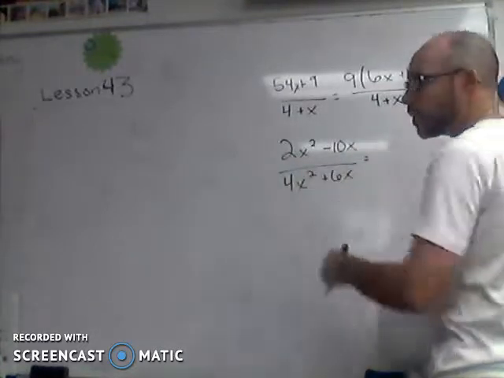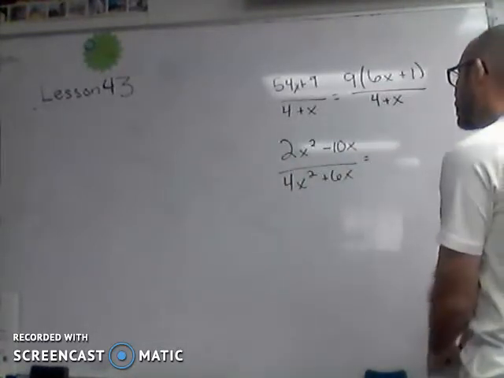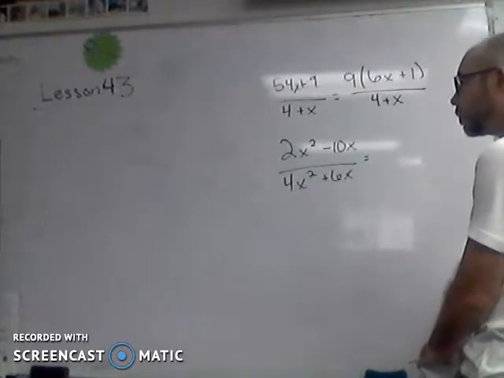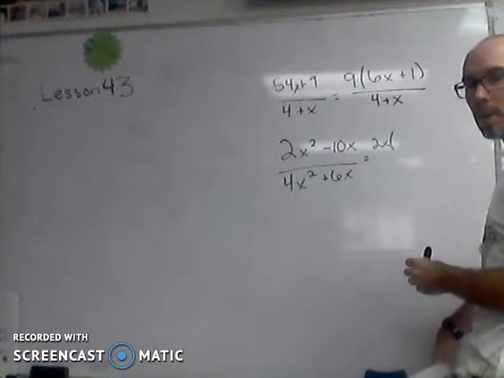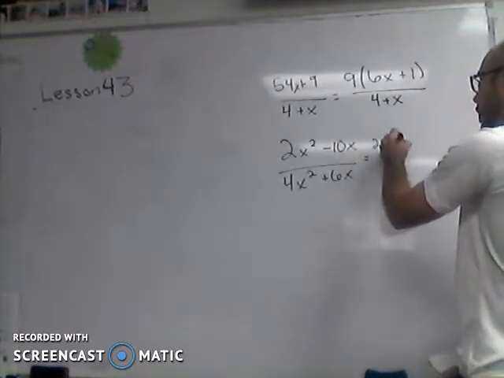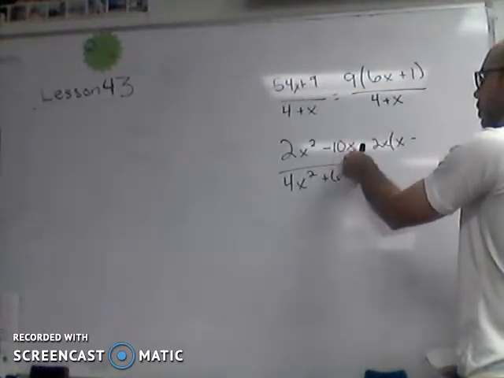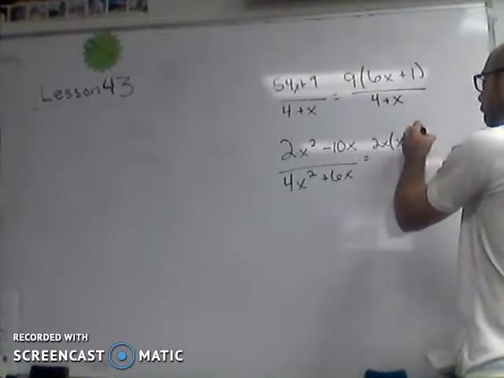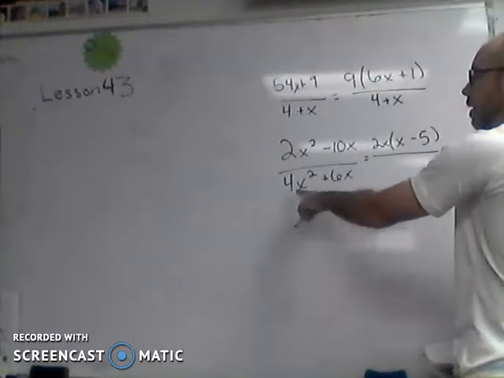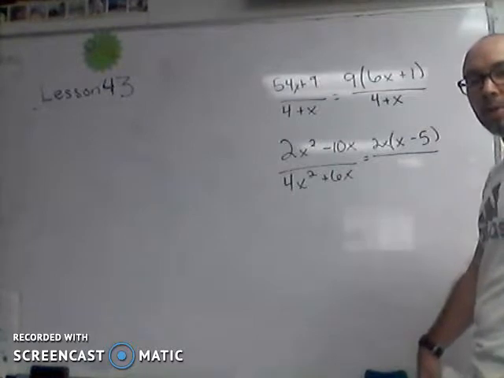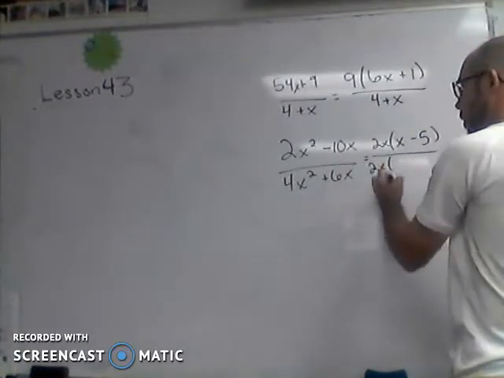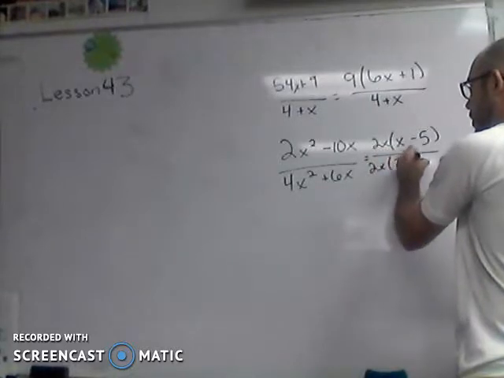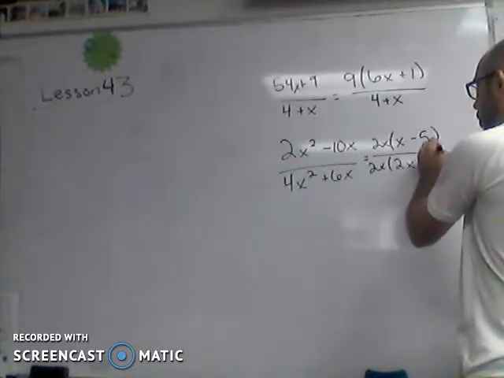So looking at the top, I got a greatest common factor of 2 and x. And if I factor out the 2 and the x out of this one, I'm left with x. If I factor out 2 and an x out of this one, I'm left with 5. And I can see down here that I also have 2x that each of these is divisible by. And that leaves me with 2x and 3.